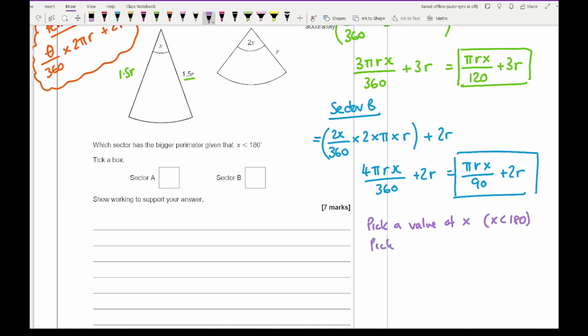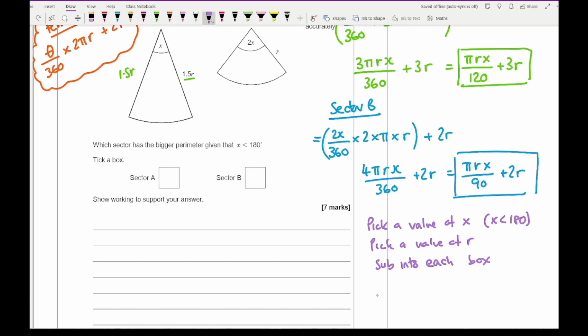Pick a value of r and then sub into each box and see which one is going to be bigger, because r is the same in both equations and so is x. So regardless of what they are, it will be able to give you a ratio. Now it won't give you the exact perimeter, but it will definitely give you some comparison about which one's bigger and which one's not.